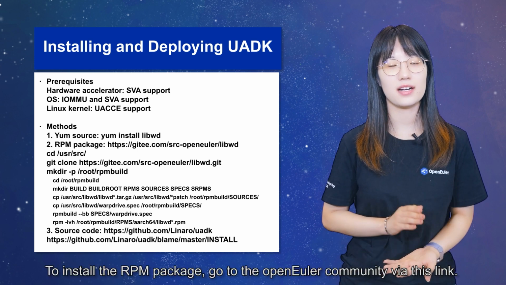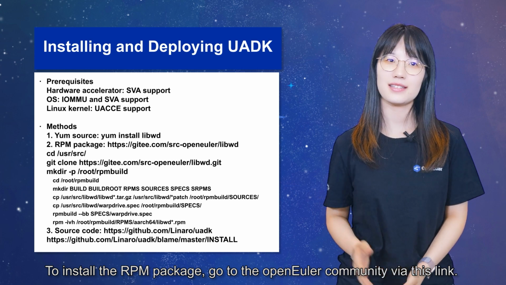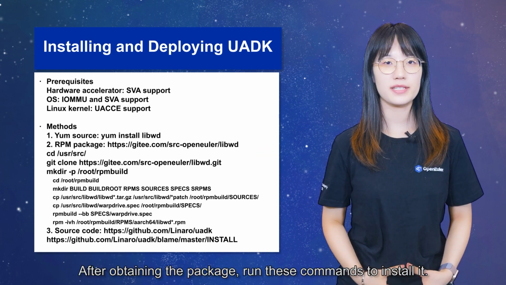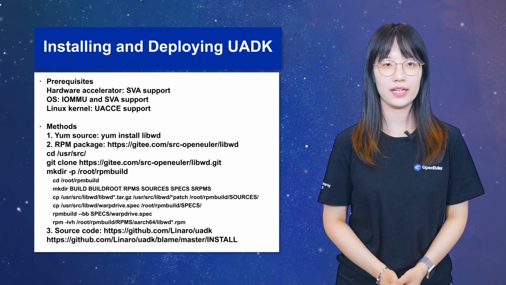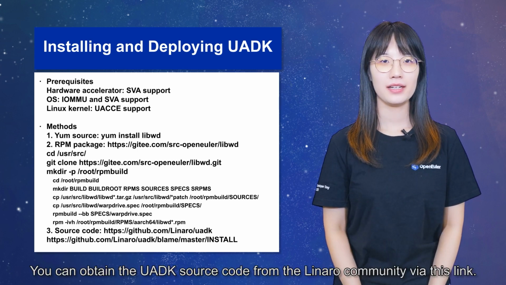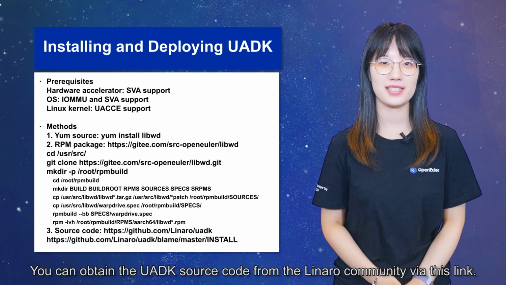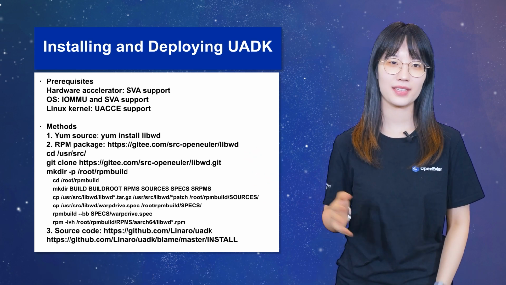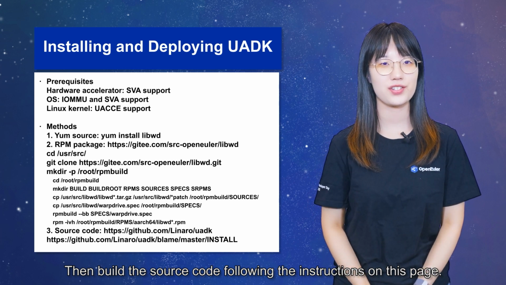To install the RPM package, go to the openEuler community via this link. After obtaining the package, run these commands to install it. You can also build UADK from source code. You can obtain the UADK source code from the Linaro community via this link. Then build the source code following the instructions on this page.